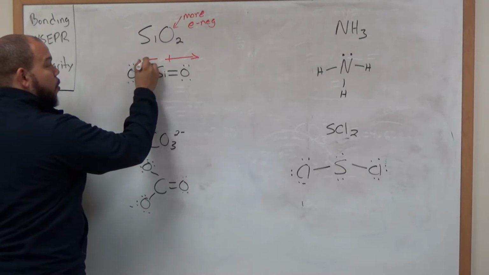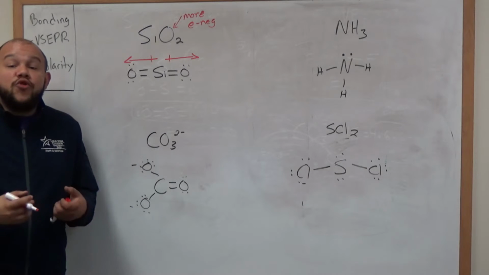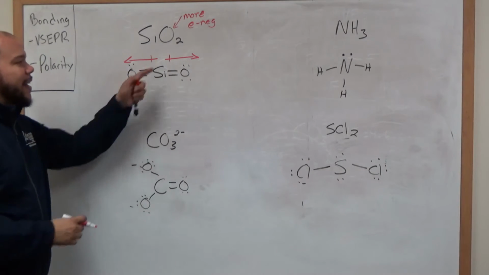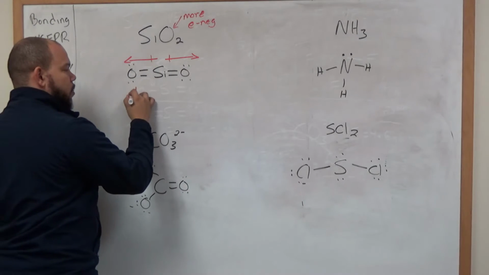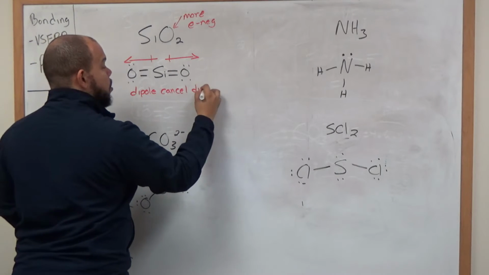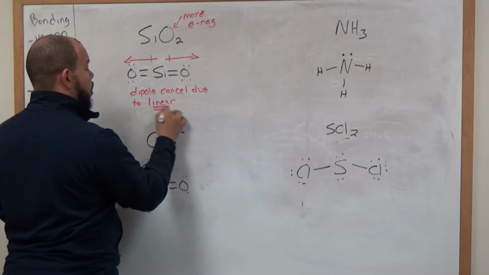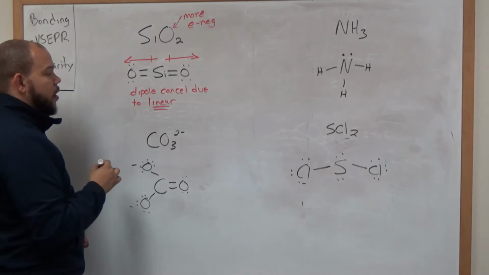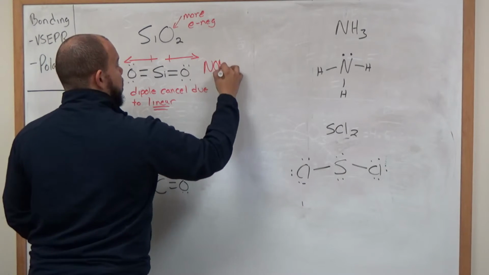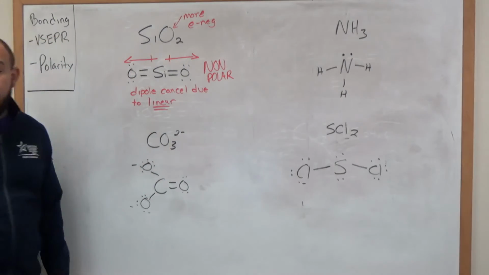That same dipole has to exist for both oxygens, and the magnitude or the strength of that pull is going to be exactly the same. Because of that, these dipoles cancel, due to linear geometry, and we have a non-polar molecule. Non-polar because of that.